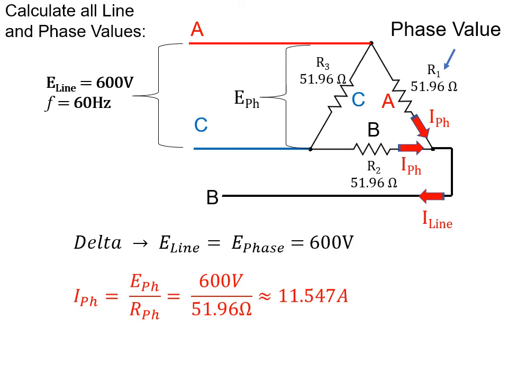We could go through the vector summation of working that all out algebraically with trigonometry. But since they're both the same, we can just use our factor of root 3. 11.54 multiplied by the square root of 3. Well, that'll give us 20 amps on our line.